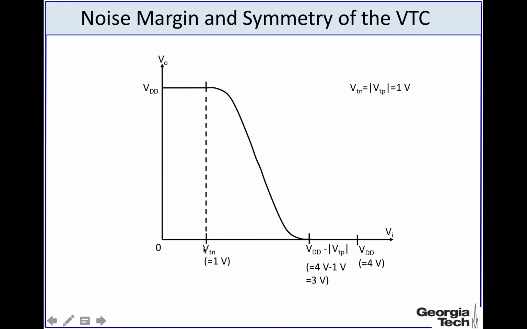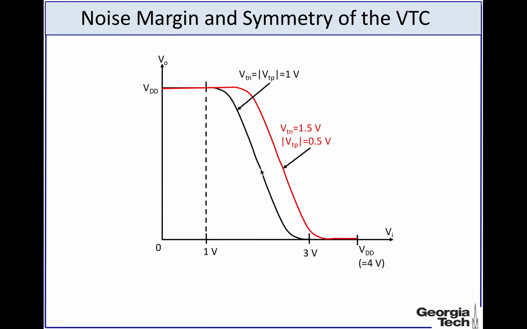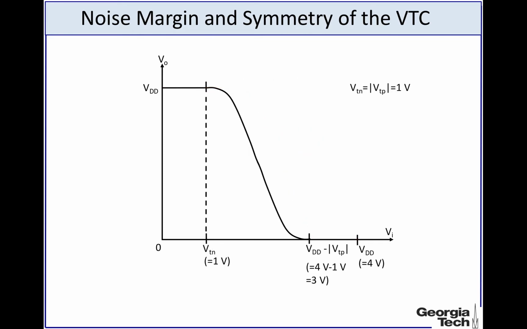The curve looks like this, and an important point was that it was symmetric with respect to VDD over 2. So when the input is VDD over 2, which is 2 volts, the output voltage is also VDD over 2, which is 2 volts.